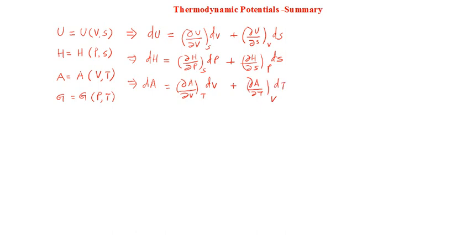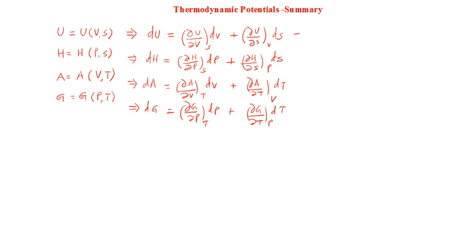Now the last one, dG, can be written as dG equal to dou G with respect to dou P, keeping T constant, times dP, plus dou G with respect to dou T, keeping P constant, times dT. So these are the differentials, by simply following the mathematical technique.